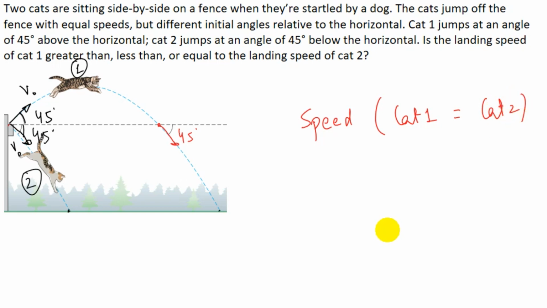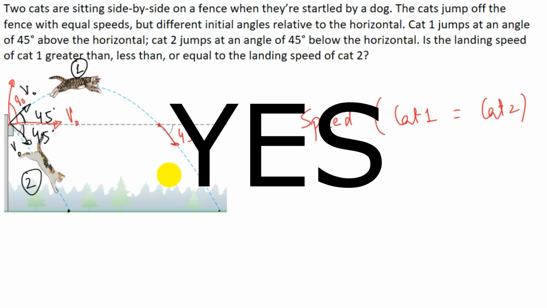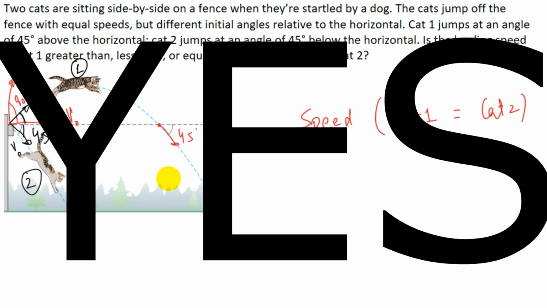Now think what would happen if cat 1 jumps horizontally like this with the same speed v0, or if it jumps at an angle of 80 degrees with the same speed v0. Will the cat land at the same speed? Think. And the answer is yes, the speed will be the same.